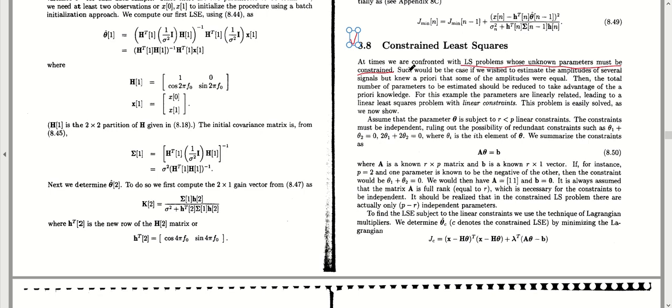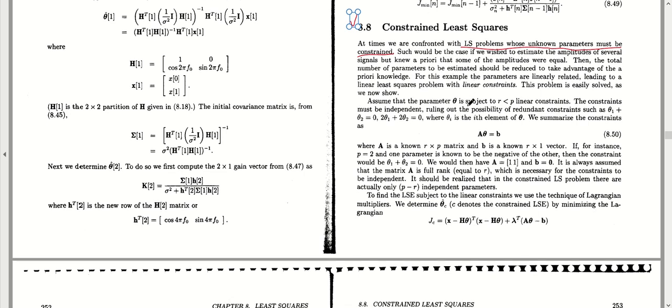Let's say you're measuring a DC level, and you know there will be an upper bound and lower bound on the DC level a priori. For example, you already know the lower bound might be 1 volt and the upper bound 10 volts, because you may have known from the hardware side. So sometimes you know in advance some constraints on the parameters. Okay, so this is the constrained version.